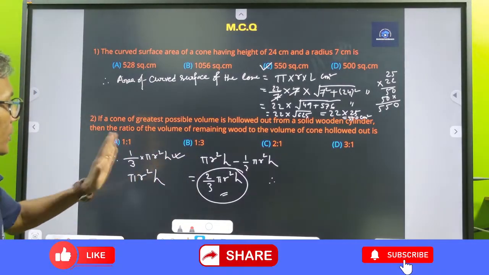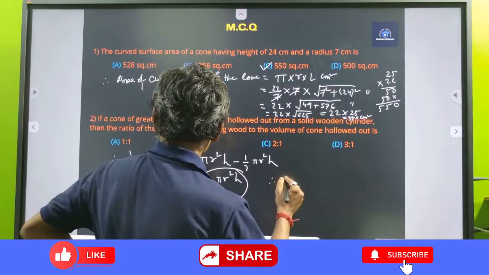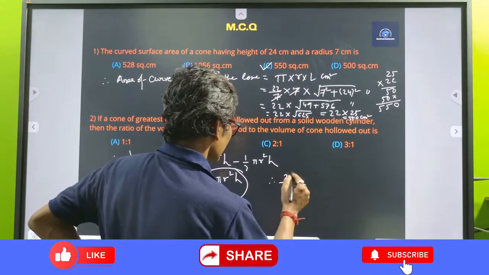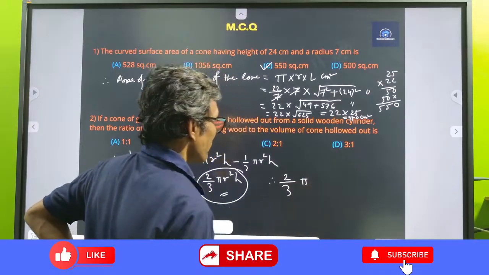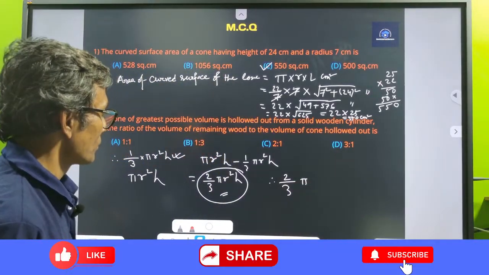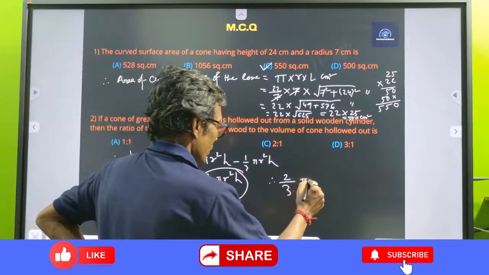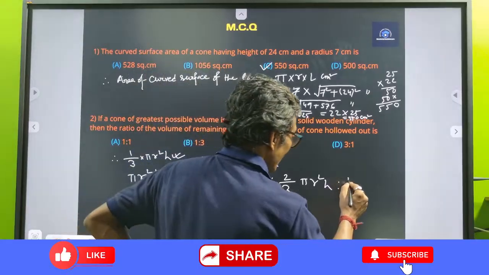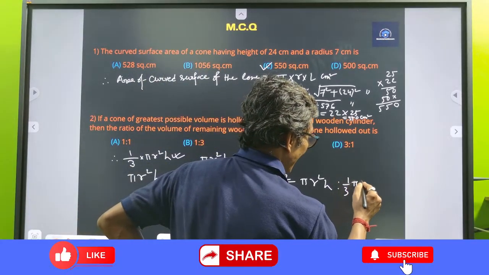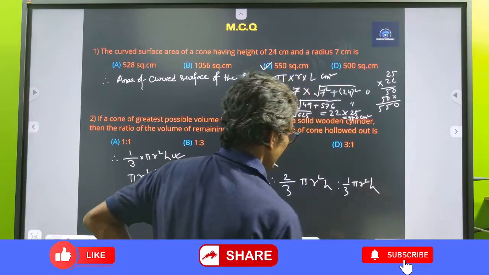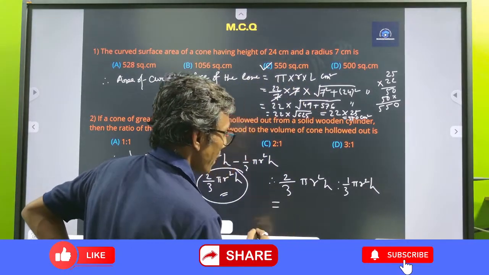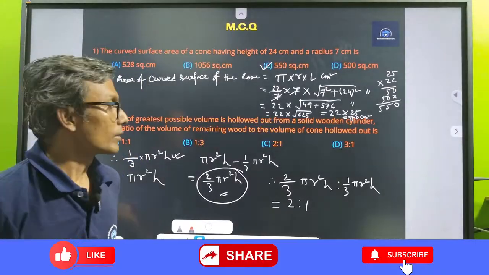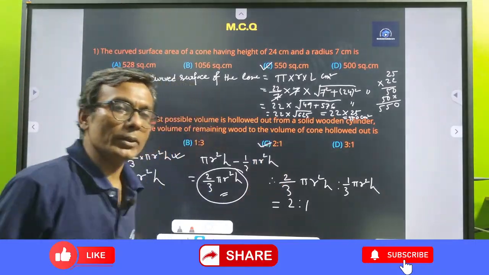Original volume of cone is this. So the ratio between remaining part of the volume and volume of the cone is 2:1. So required answer will be 2:1.